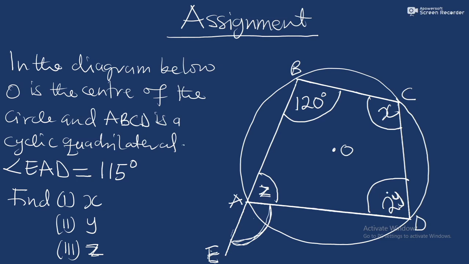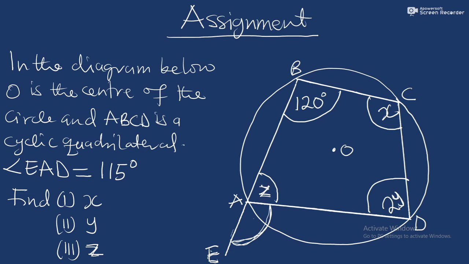So 2y plus 120 degrees should be equal to 180 degrees. When we make y the subject, we'll be able to get the answer for what? y.